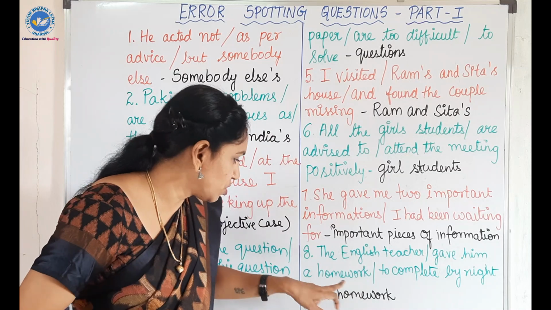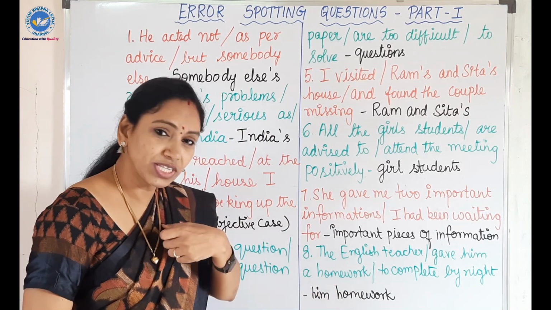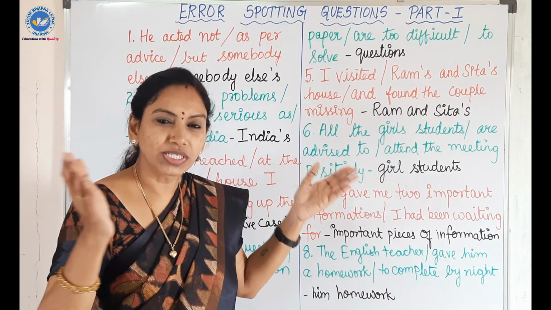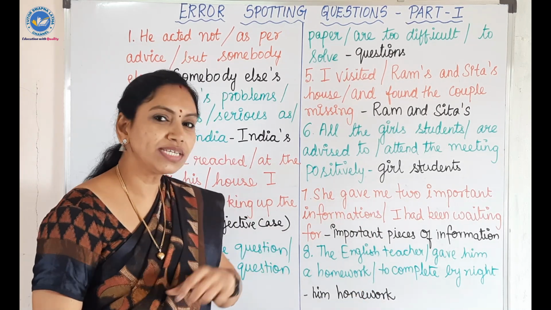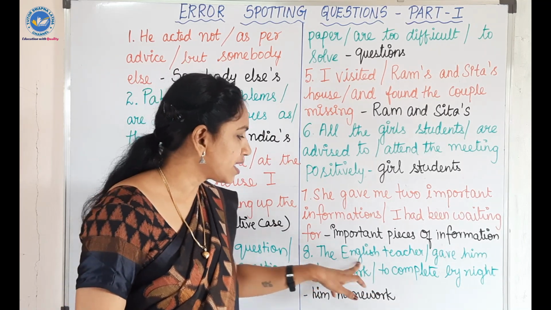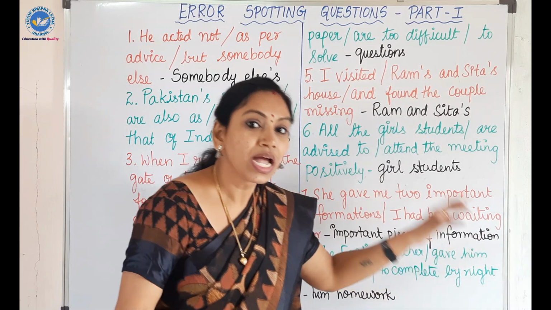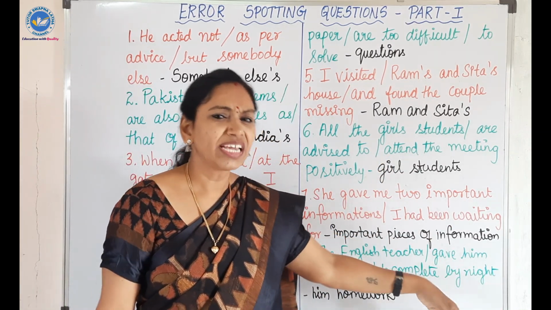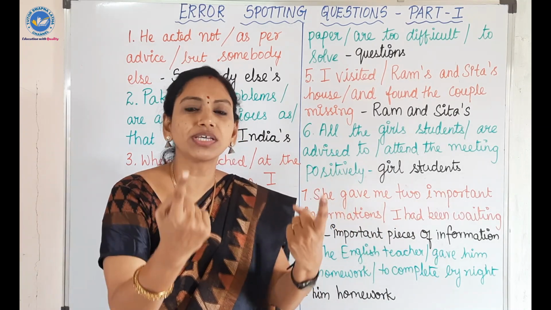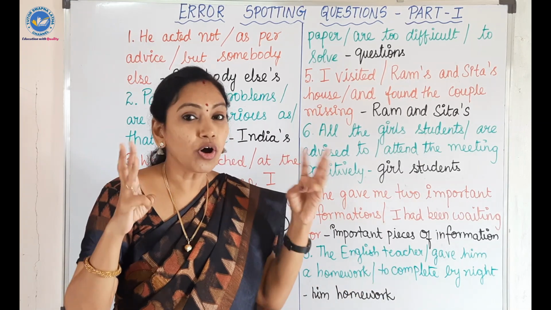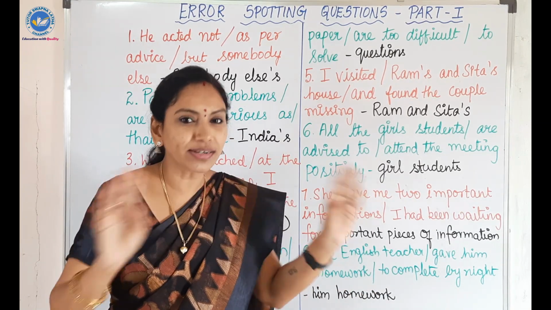So remove this A for that. Singular or plural is undefined for such type of nouns. So remove this and write in general: homework. The English teacher gave him homework, that's all, to complete by night. It may be so many, or it may be a single, or 2 or 3 homeworks, but homeworks should not come.